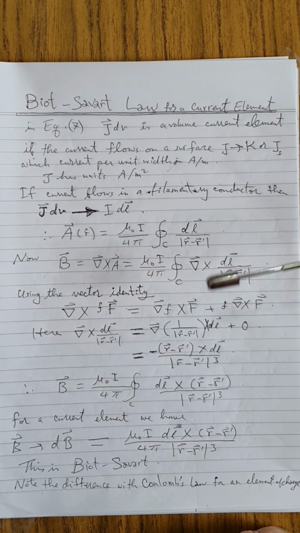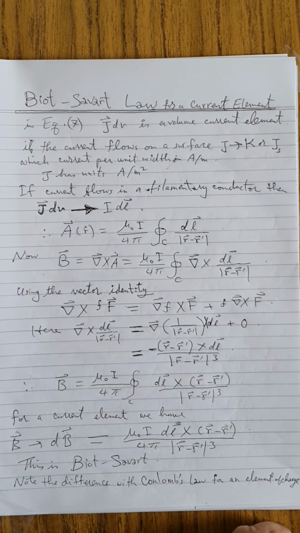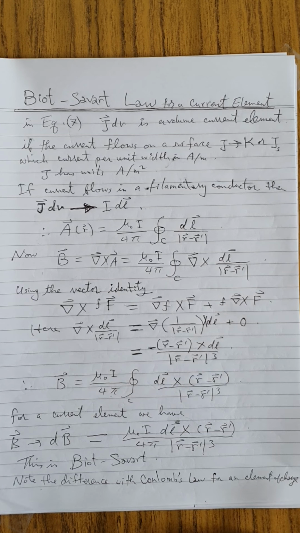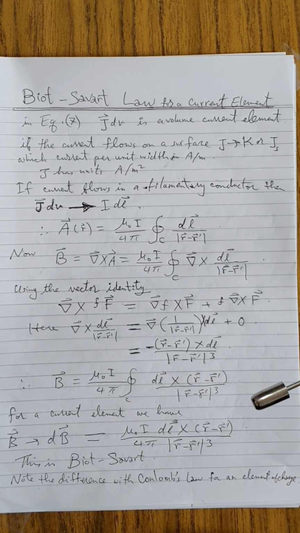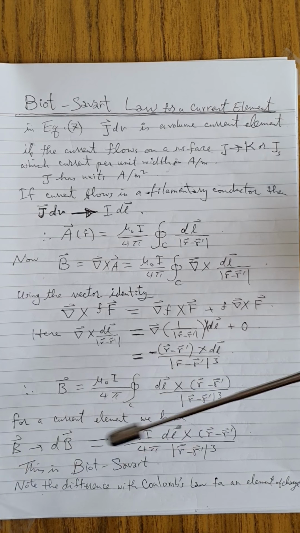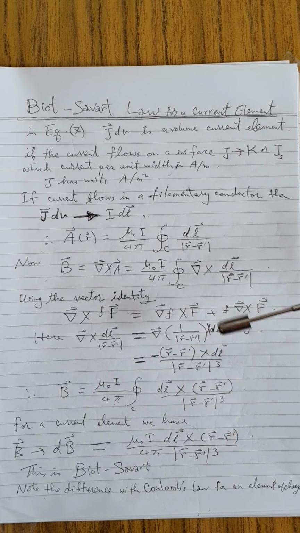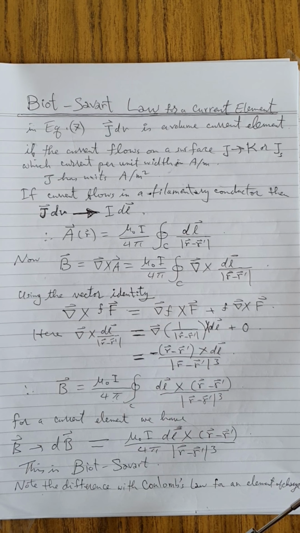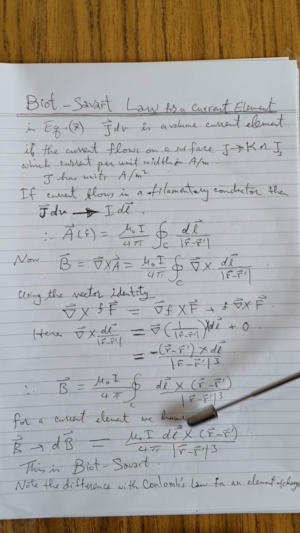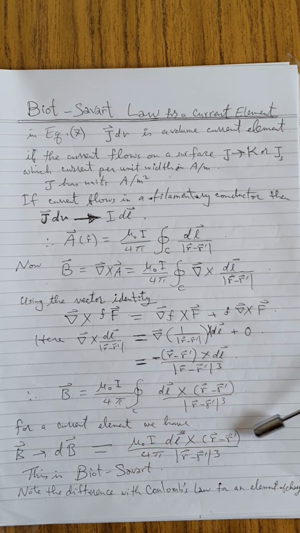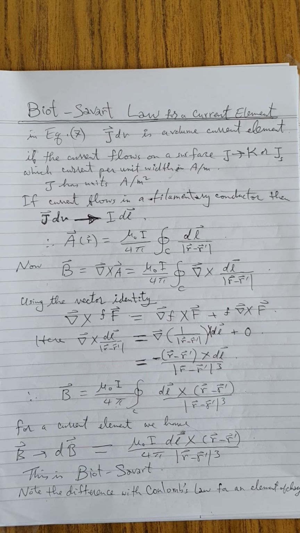Now we get rid of the minus sign by reversing the order of the vectors, and then B will be equal to this. Now for a current element, B becomes dB, and we have dB equal to mu naught I dl cross r minus r prime divided by 4 pi times the magnitude of r minus r prime cubed.